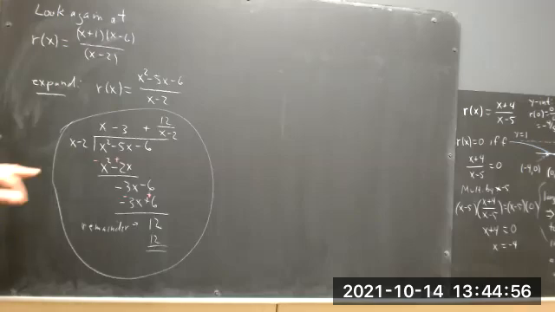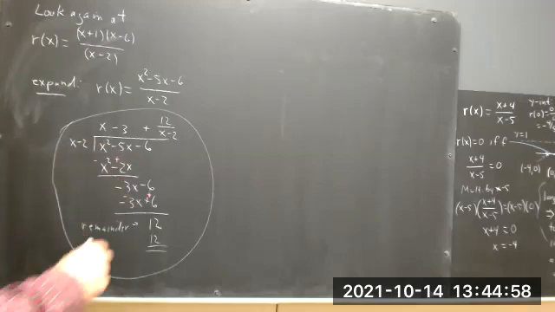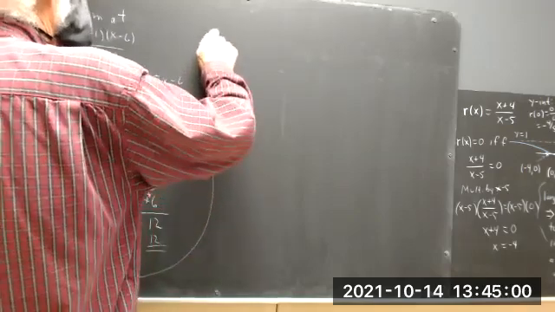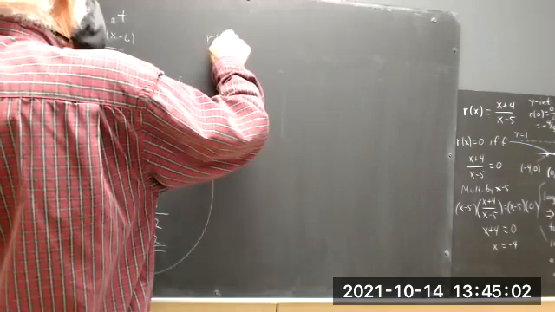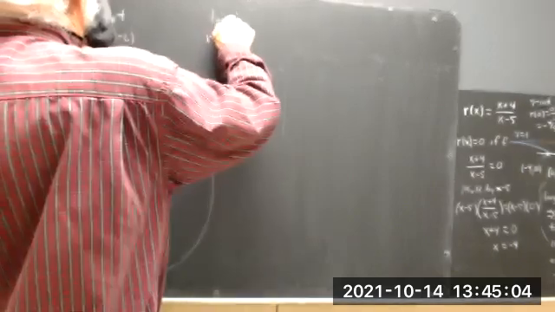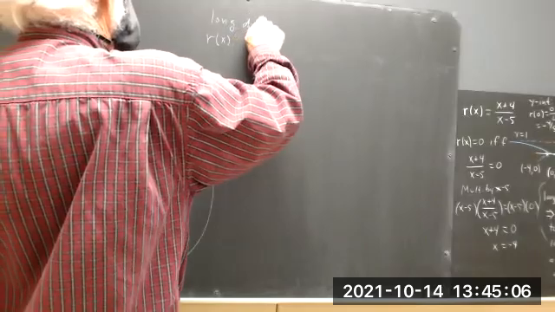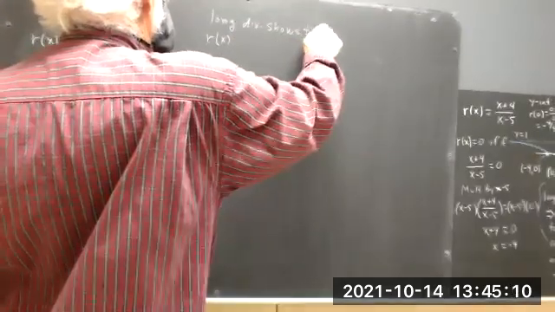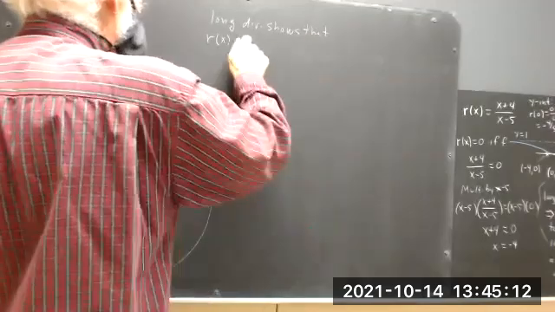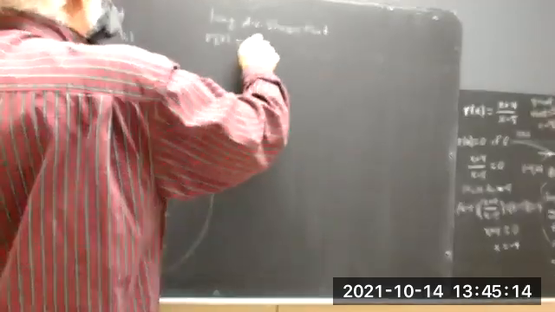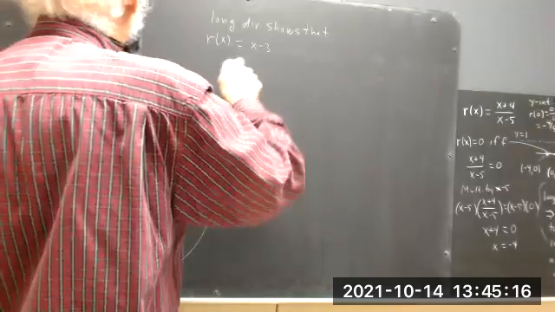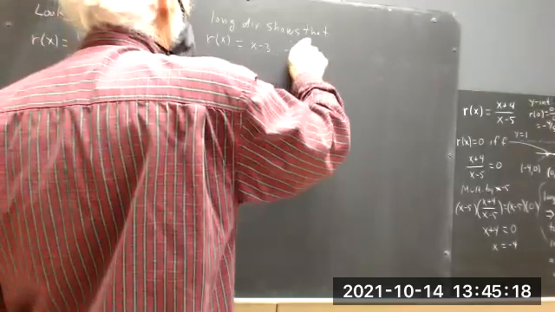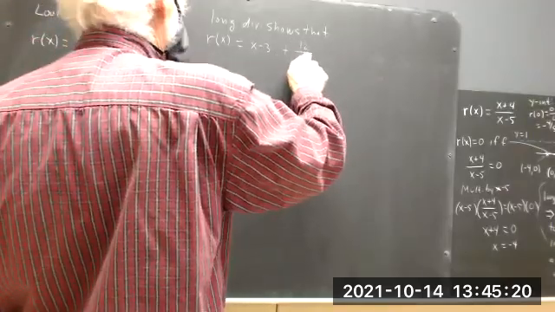Okay. The long division shows that r of x equals x minus 3 plus 12 over x minus 2.